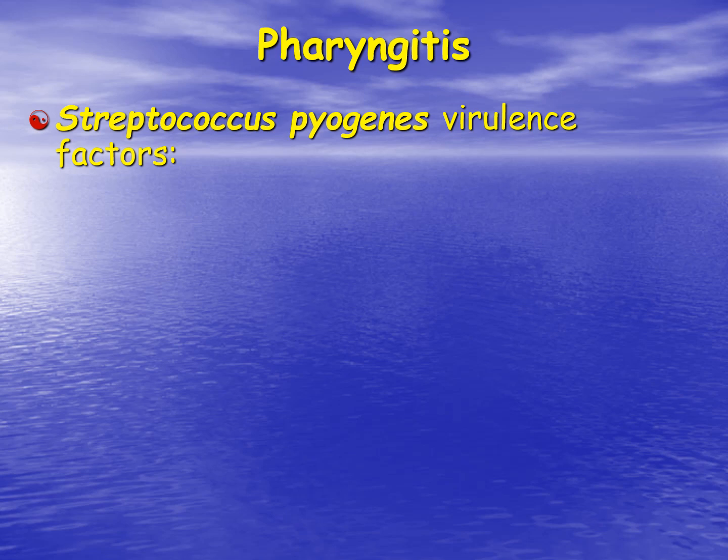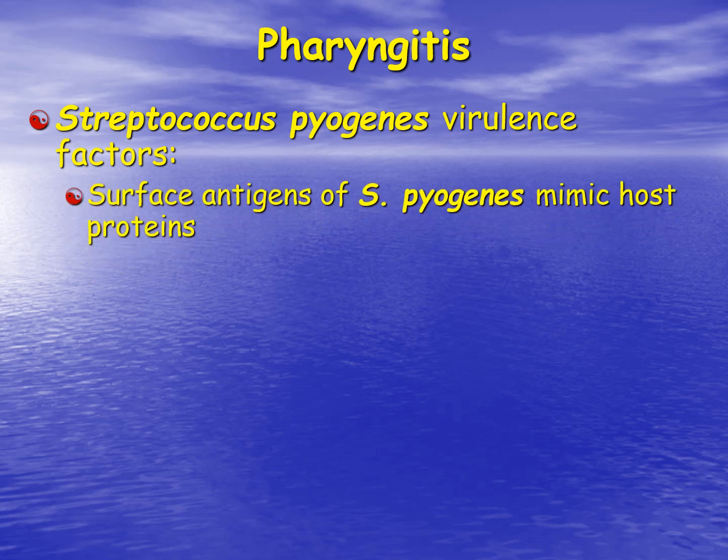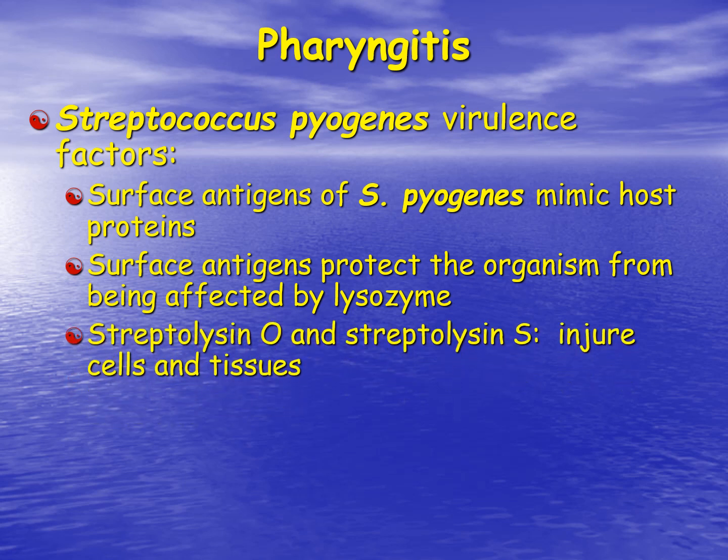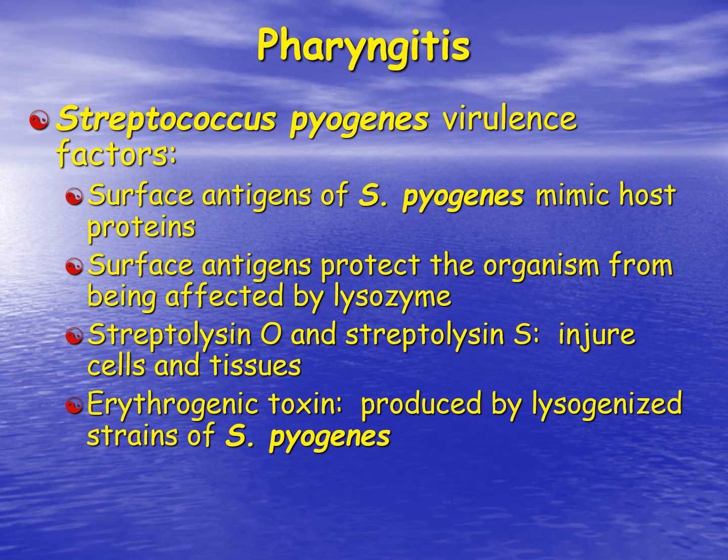Streptococcus pyogenes has a number of virulence factors, and these are surface antigens of Streptococcus pyogenes that mimic some host proteins. And this is why sometimes then we get these sequelae. Surface antigens protect the organism from being affected by the lysosomes found in the mucus and saliva, and streptolysin O and streptolysin S produced by strep pyogenes can actually injure cells and tissues.